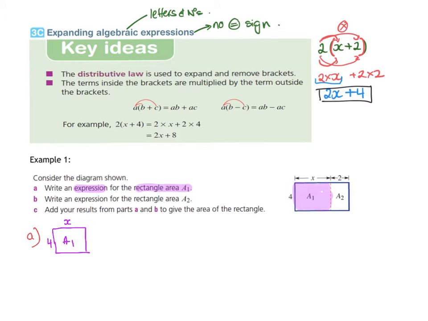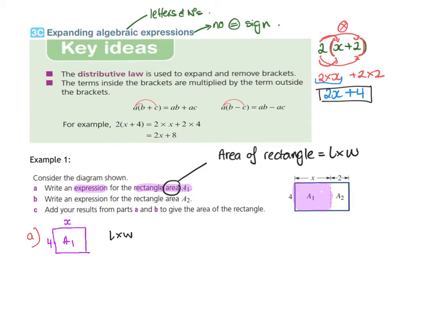All right, so now they said write an expression for the area. Who knows the formula for area of a rectangle? Good, I just heard that. It's length times width. So over here, I'm going to write length times width to write an expression.